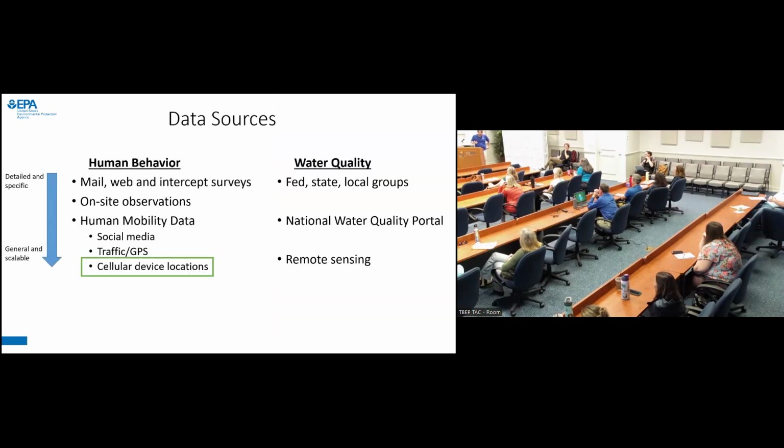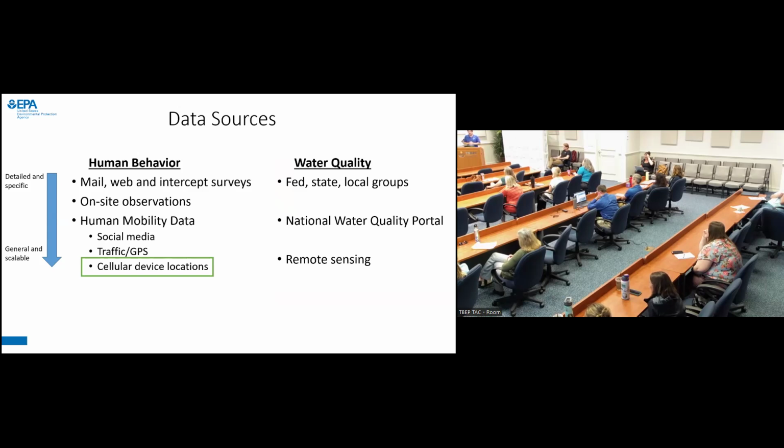So a little bit more on data sources and focusing in on what I'm going to be talking about. I could probably give a talk entirely on any of these data points. But today we're going to focus on the human behavior side of the equation, and less on the traditional surveys and on-site observations, and more on this newer human mobility data.